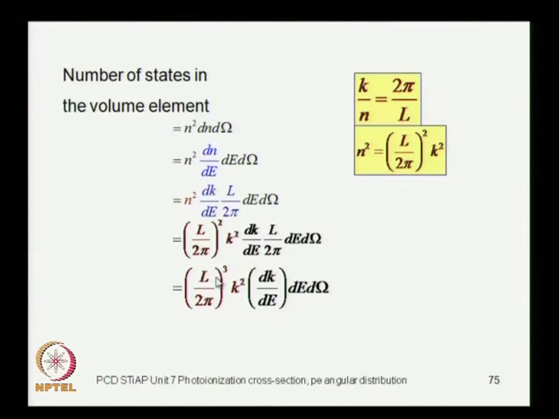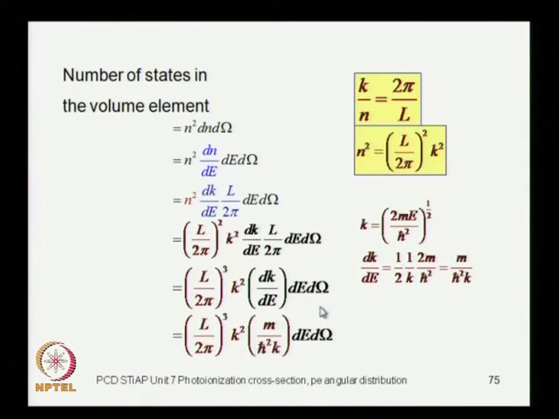So, that gives you a cube of L over 2 pi, and then you have k square dk over dE dE d omega, and given again the fact that dk over dE, as I showed in the previous slide, is nothing but m over h cross k, you can write this over here and simplify, so that you have the cube of L over 2 pi, and one of the powers of k cancels this in the denominator.